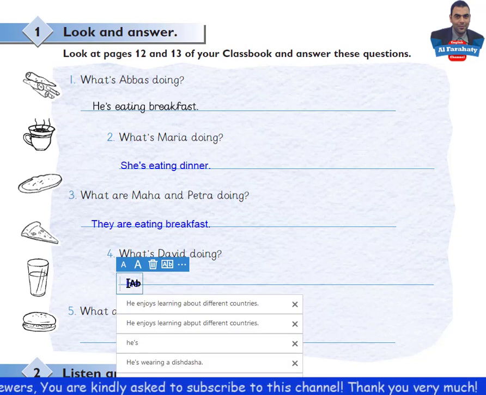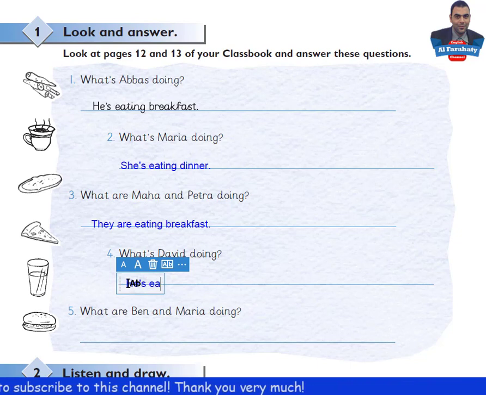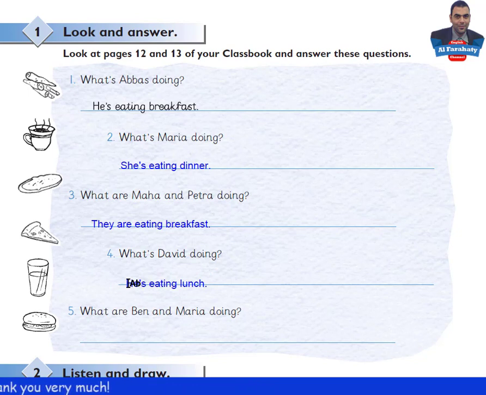He's eating lunch. What are Ben and Maria doing? Yes, they're eating dinner.